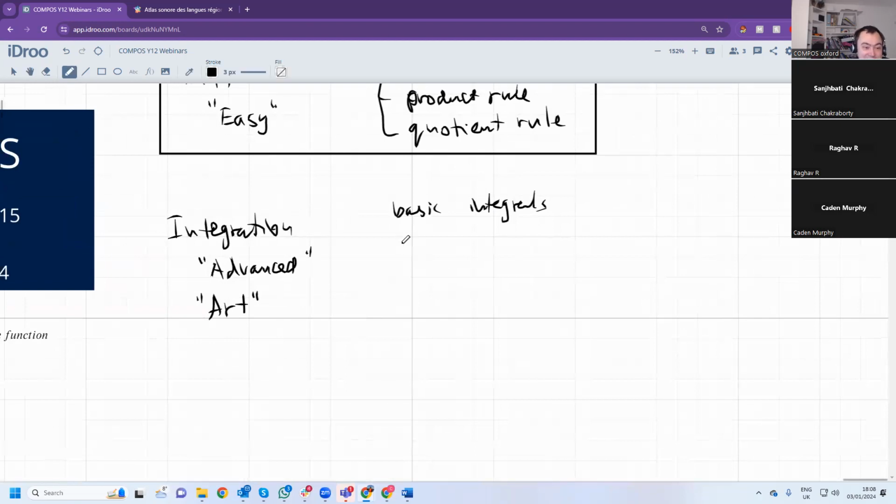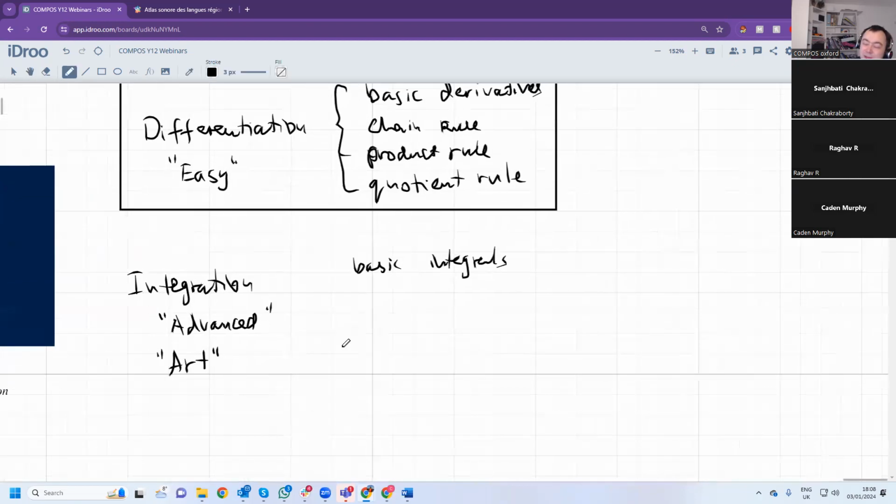We start with basic integrals, then we have the inverse chain rule. Well, inverse chain rule is substitution. I know they study it in school, but it is substitution. I don't think it's even worth talking about the inverse chain rule because you can do the same thing by a simple substitution. I think substitution includes inverse chain rule.